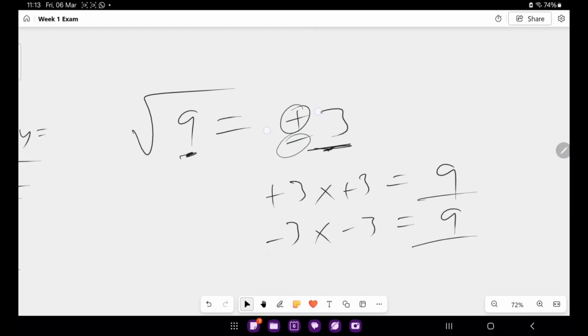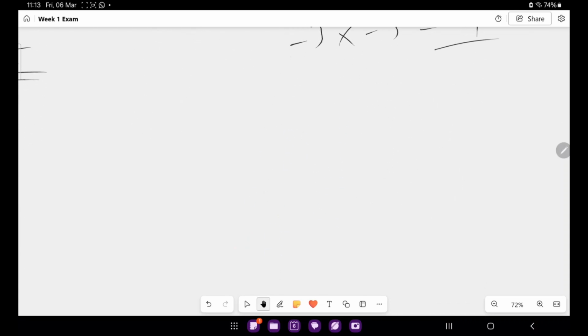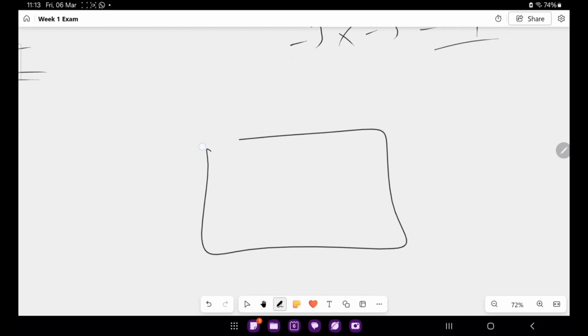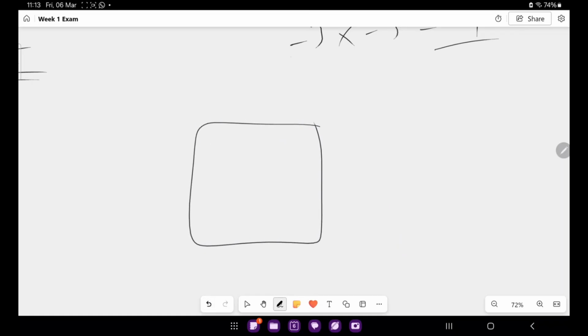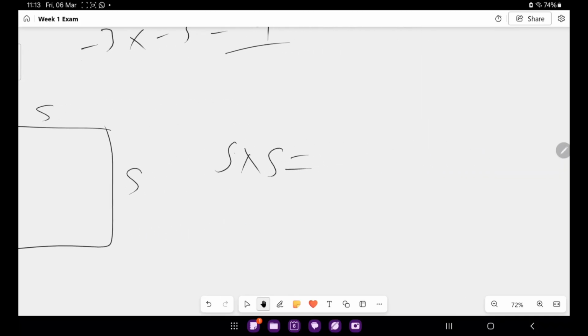the positive sign. So for example, if I'm looking for the side of this square. Okay, so let's say I'm looking for the side of this square. We say side times side. That's the area of a square.